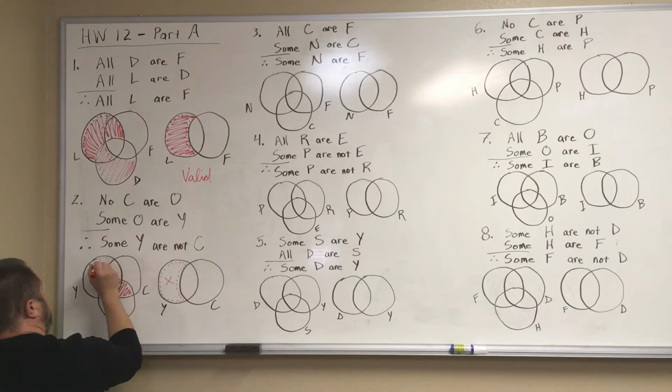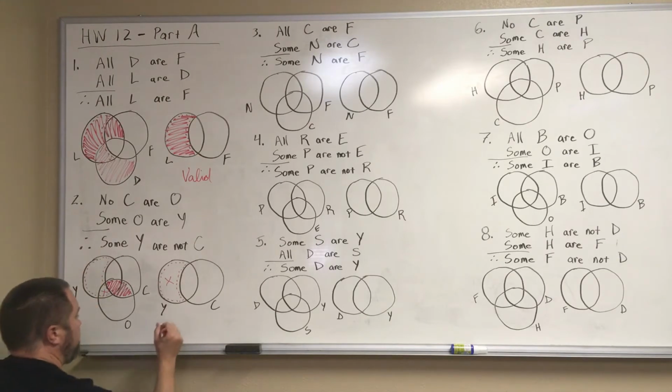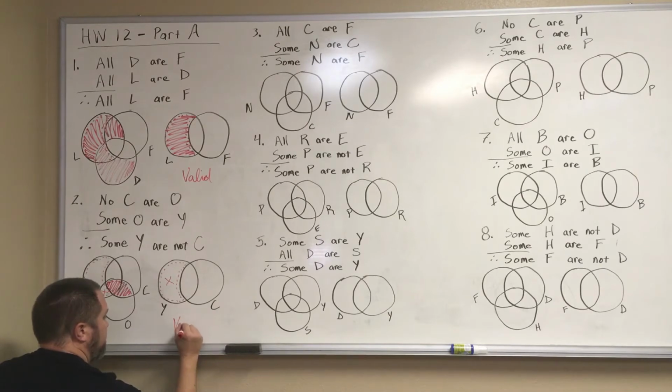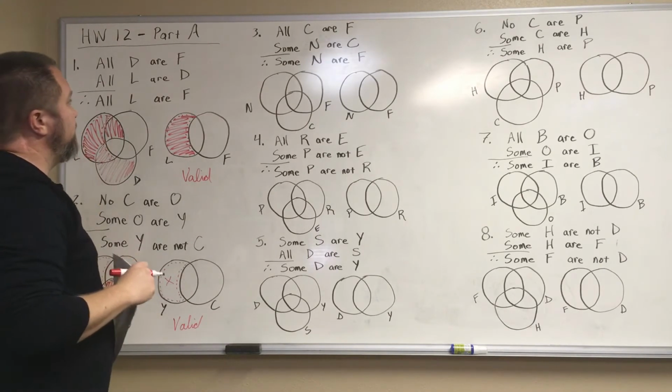I know that it gets a little confusing with the three-circle Venn diagrams, but we're just looking for an X in this area somewhere. Doesn't matter if it's over here, doesn't matter if it's over here, but as long as it's in that pie, it is valid.